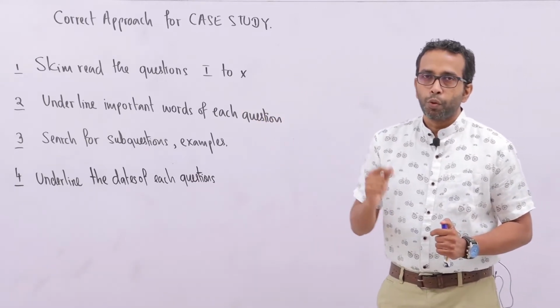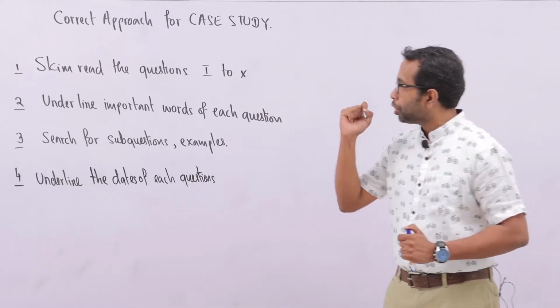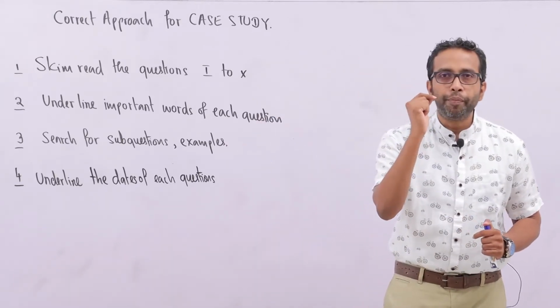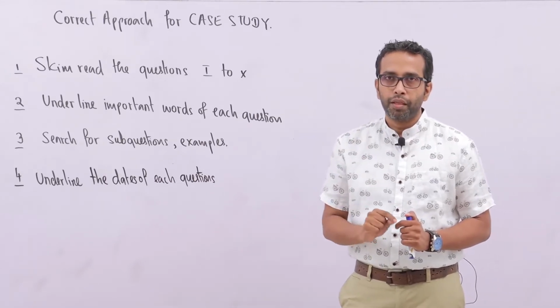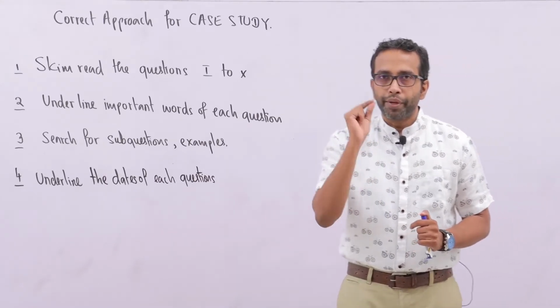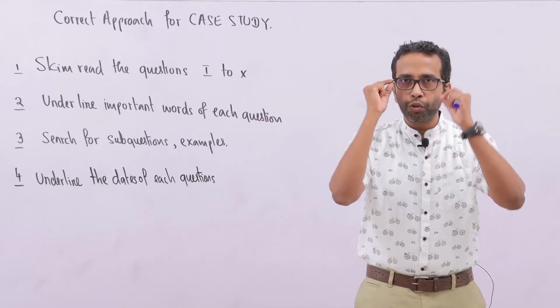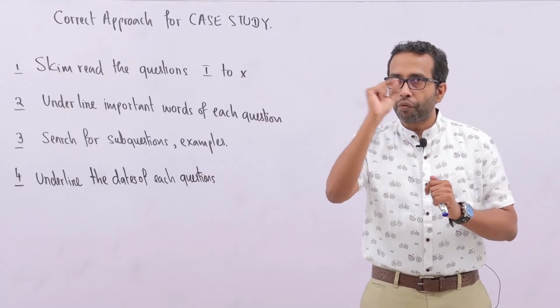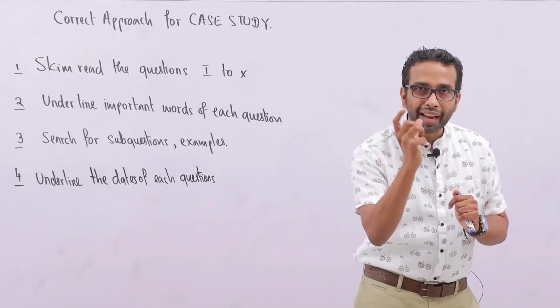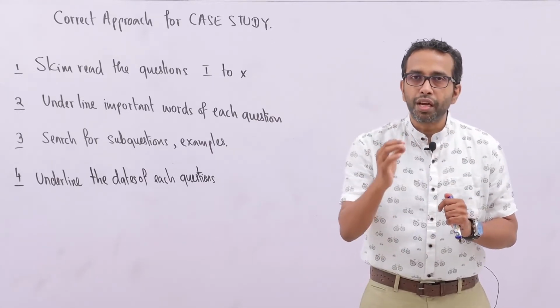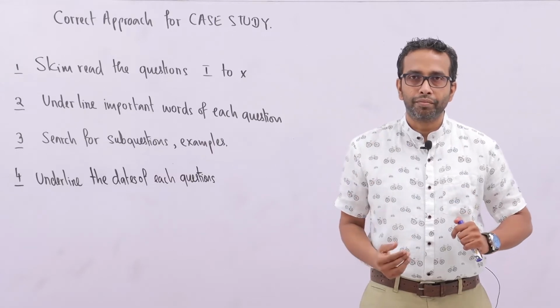While reading, you need to underline the most important things. Please do underline. Why do I say so? Because if you underline, your mind goes to that area, and when you read the case scenario, you can grab some answers without reading again and again.